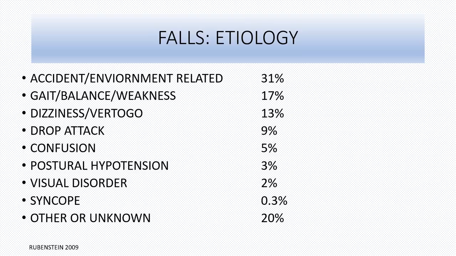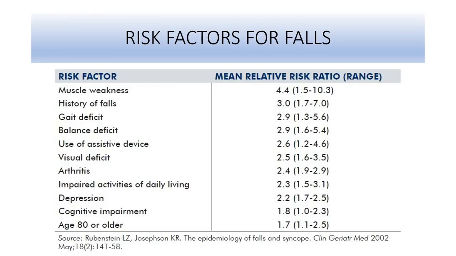Some of these things are really not within the province of a podiatrist, but we can still ask questions and assess them for history of things such as orthostatic hypotension, fainting, and again, looking at some of the medications which patients are taking. For example, they may be on an antihypertensive that is simply dropping their pressure too low.